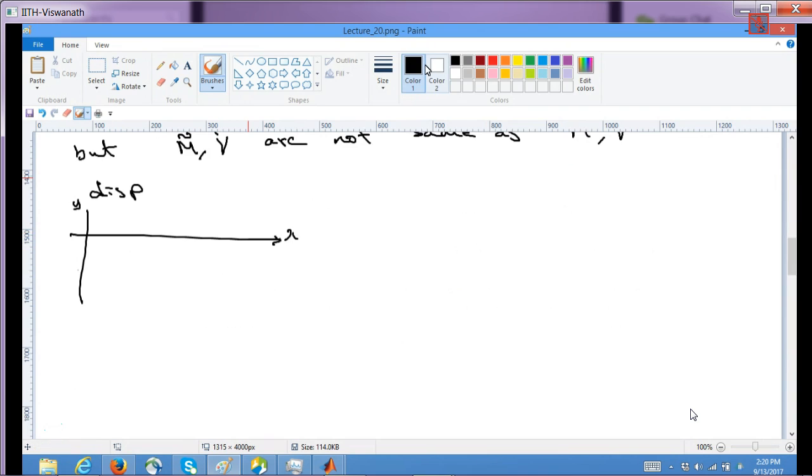If I have my exact solution, this is fourth degree with this value equal to WL to the fourth by 8EI. Now let me confirm it from the previous class.